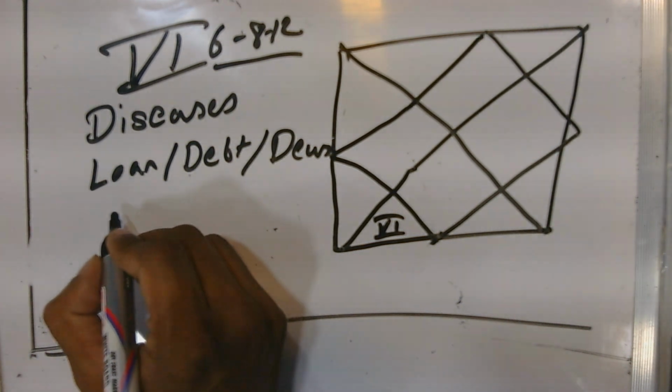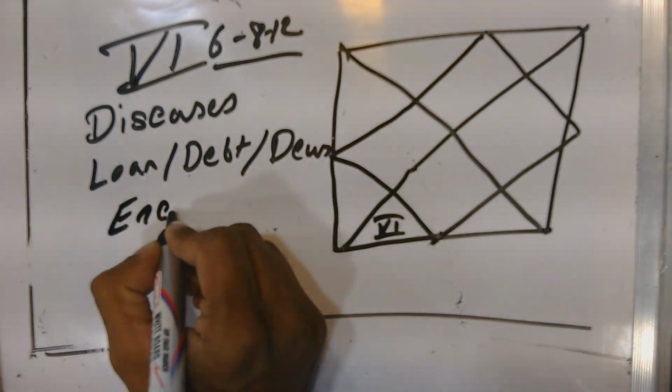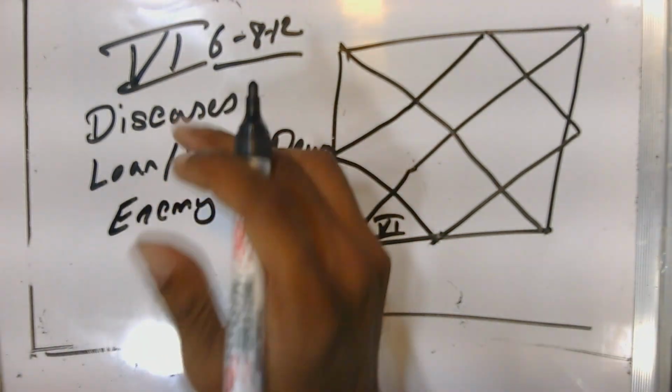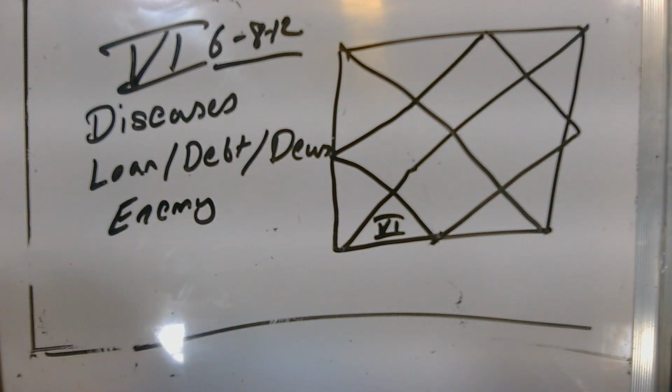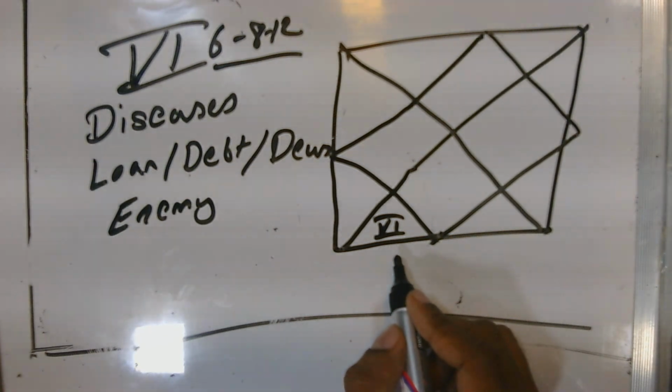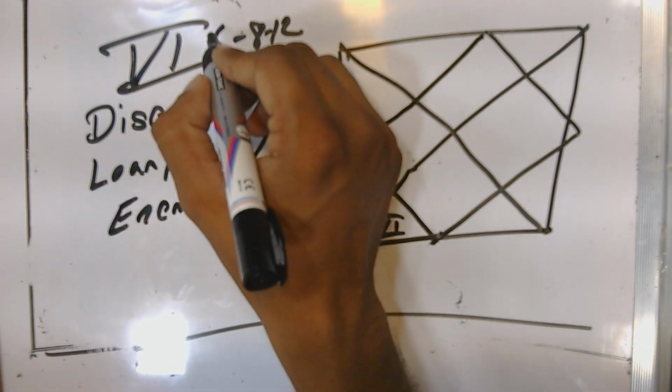And Shatru translates into enemy. So these are not good things. The sixth house will be telling you about things which are not good. It comes into the category of 6, 8, 12, not good.